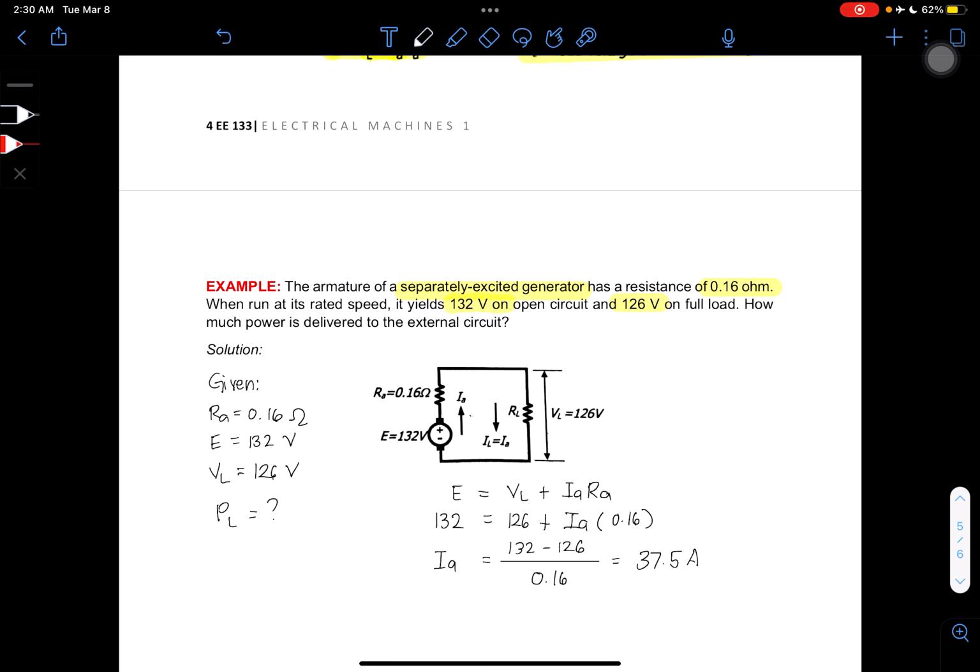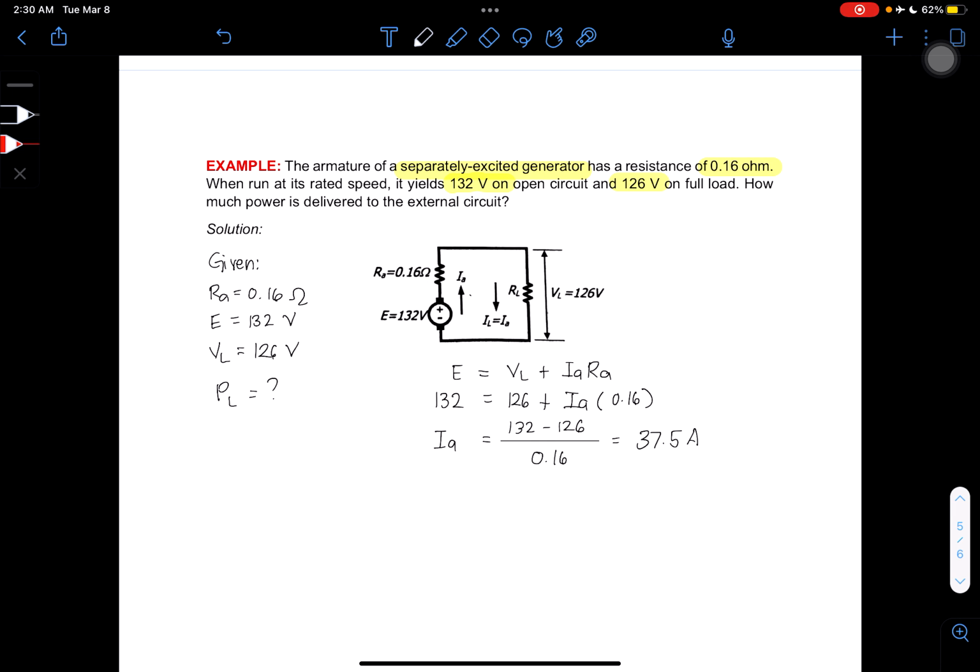To solve for power, since power is the unknown, the formula for our power is PL equal to VL multiplied by IL. Take note that in a separately excited generator, our IL is equal to the armature current.